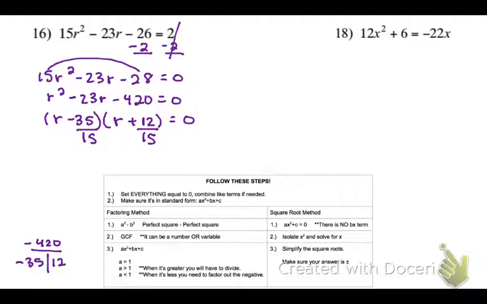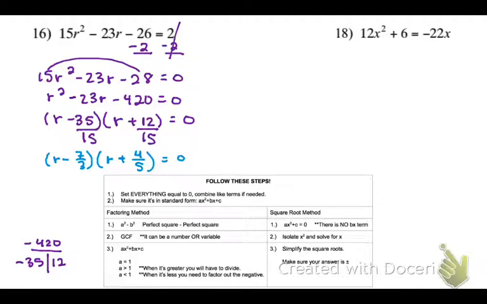Now remember, I told you if it does not divide nicely, you have to simplify before you cancel your fractions. Okay, so looking at r minus 35 over 15, that actually simplifies to r minus 7 over 3. The second one will simplify to r plus 4 over 5.